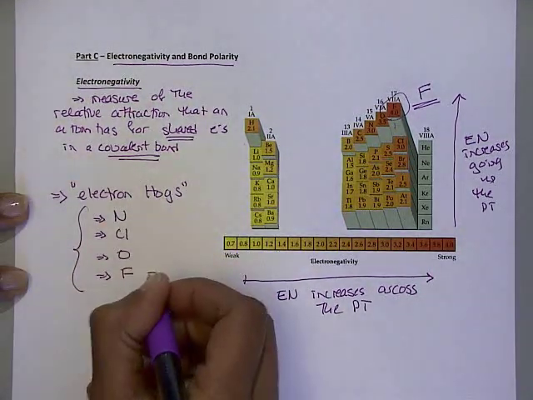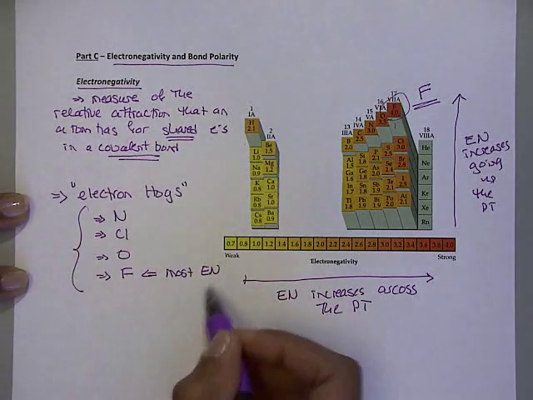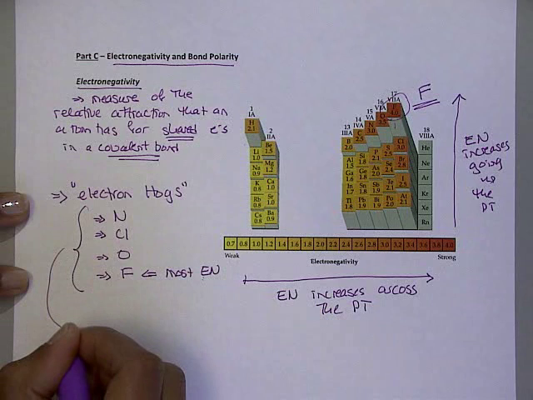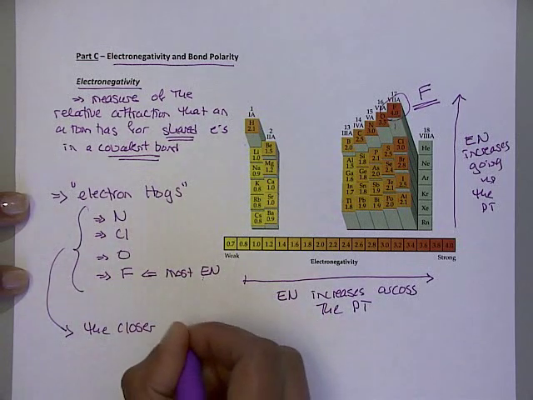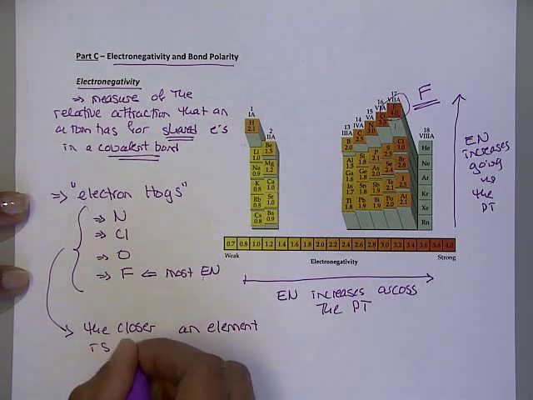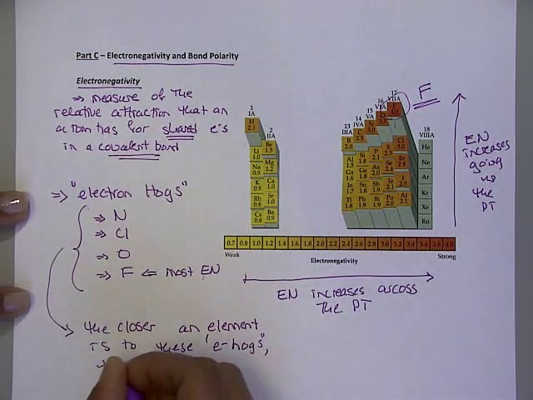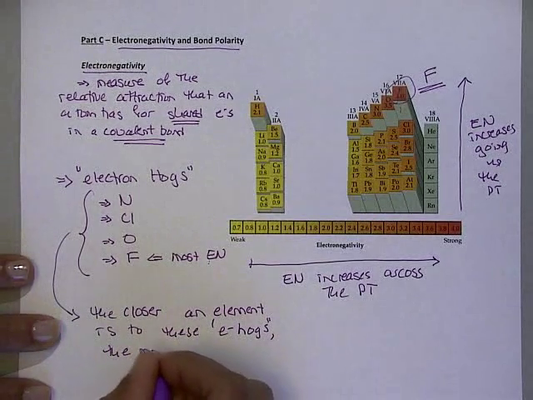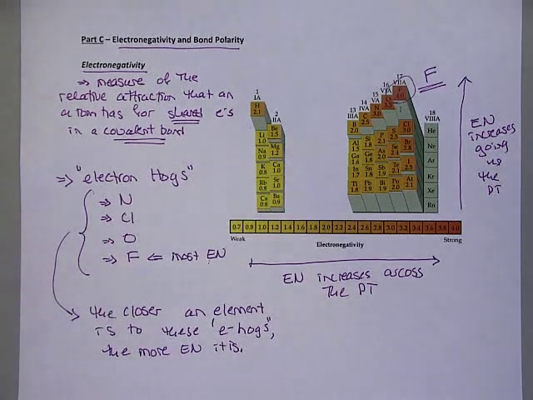One thing to note, and I'm going to abbreviate electronegative as EN, is that the closer an element is to these electron hogs, the more electronegative it is. All right, so that's a good rule of thumb to have.